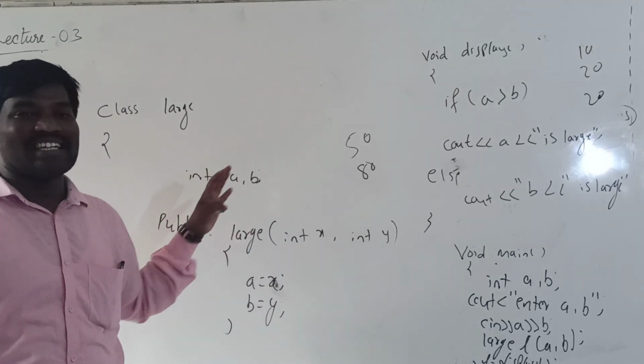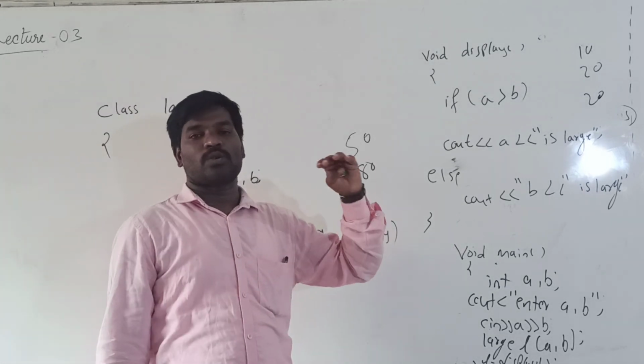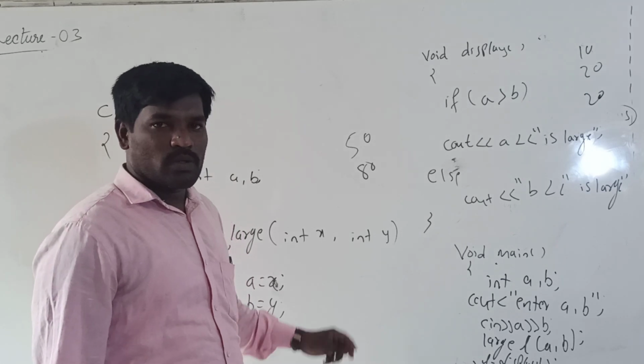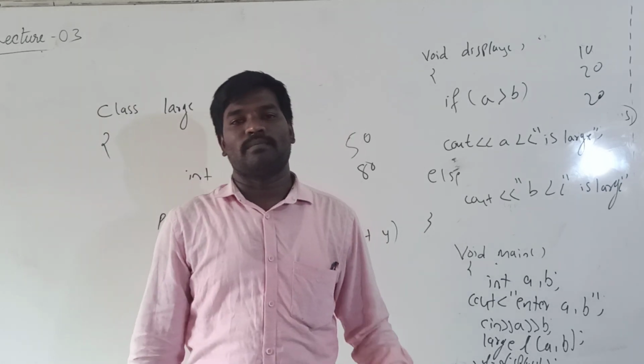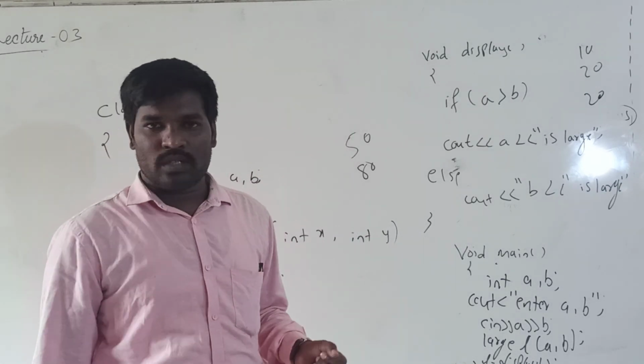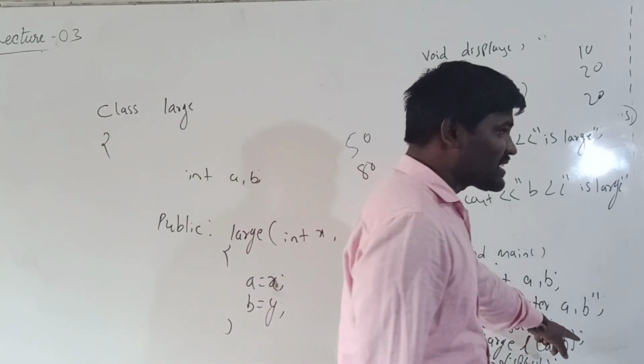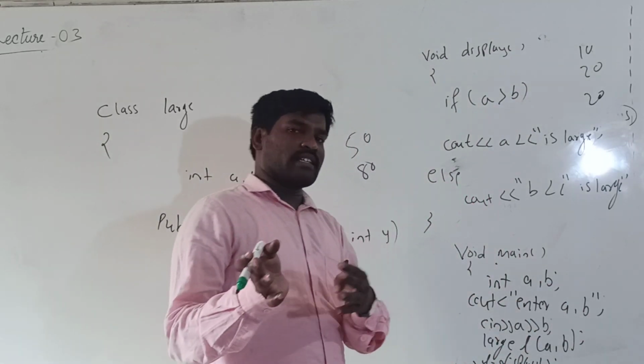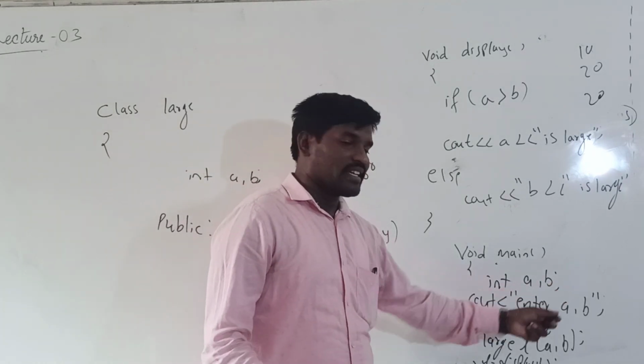This part is as it is. In the main function we have to give the input, so we have to write the statements for it. Just add cin and cout. After that, instead of mentioning the direct values, whatever values you enter are stored in a and b.